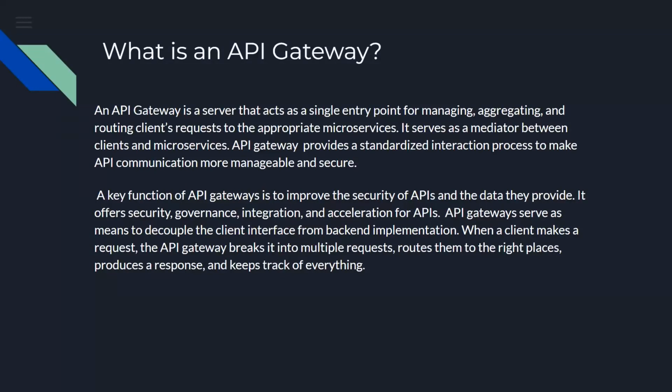In simple terms, an API gateway is just like a middleman between the client side and the business logic side, or the back end, or the database we have. Imagine you have a house which is not fenced, and anyone can just come into the house and get out at will.